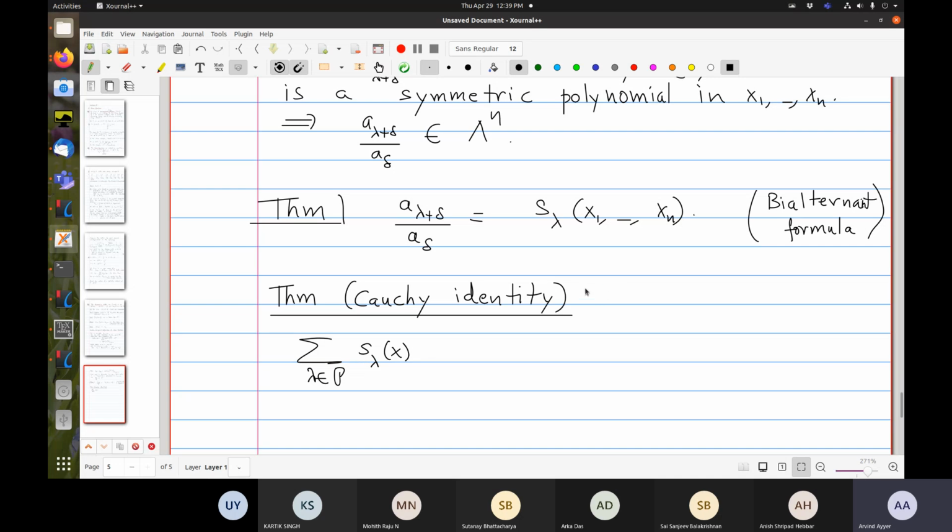Let me say that explicitly. Suppose x equals x1, x2, etc. and y being y1, y2, etc. be two families of variables, different determinants.